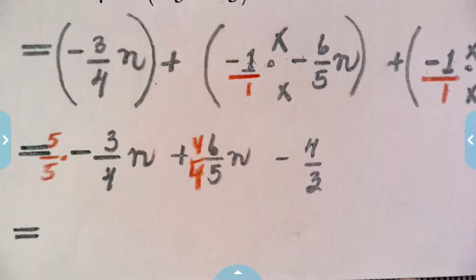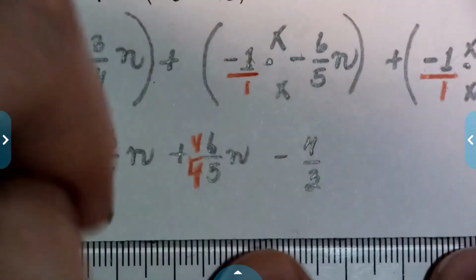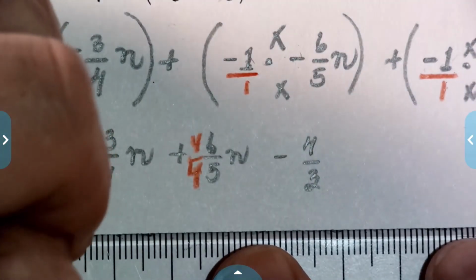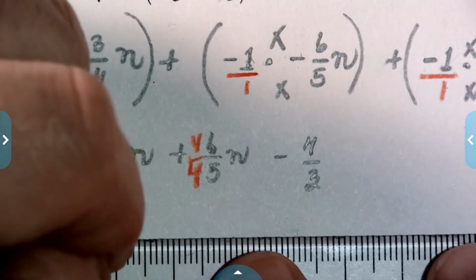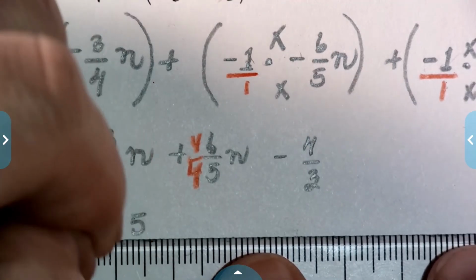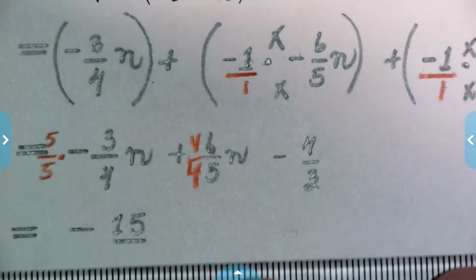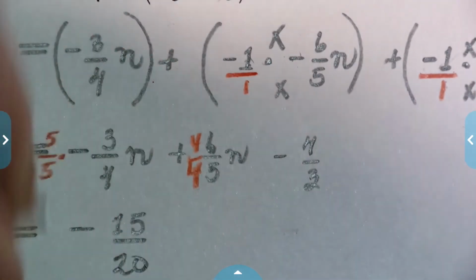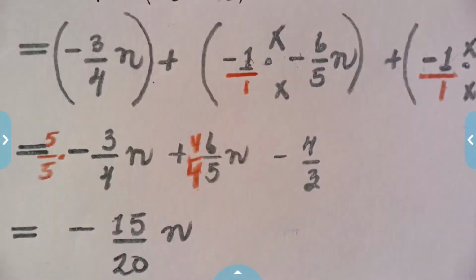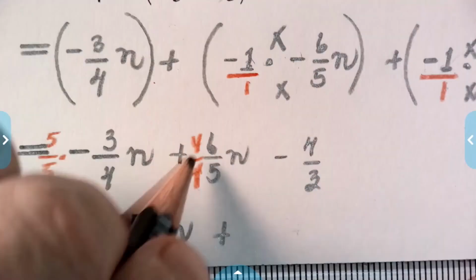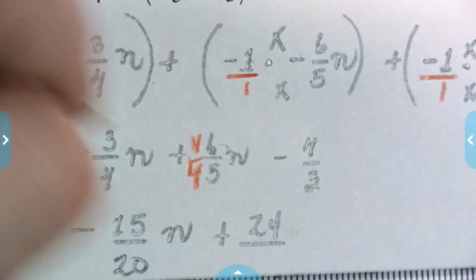We'll see if we need him in a minute. That'll give me -15 over 20 n plus 4 times 6 is 24 over 20 n minus 4/3.